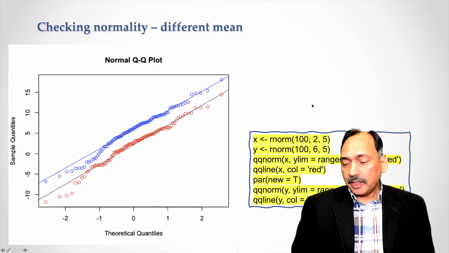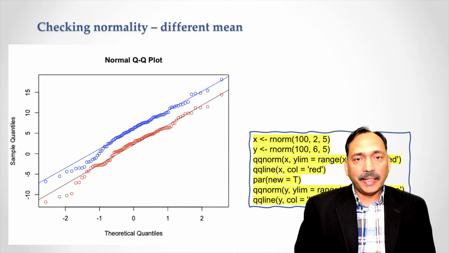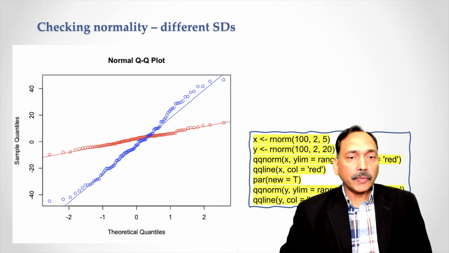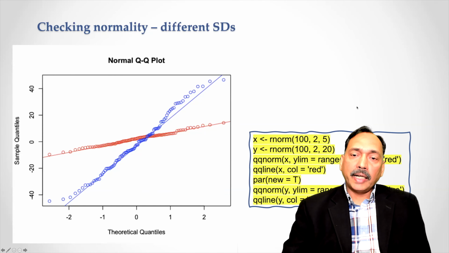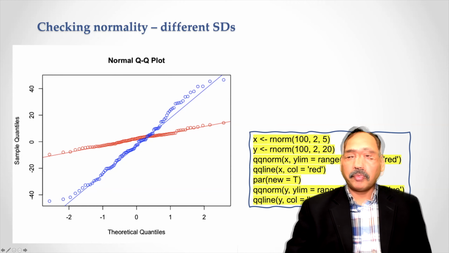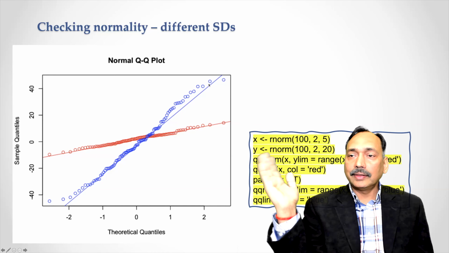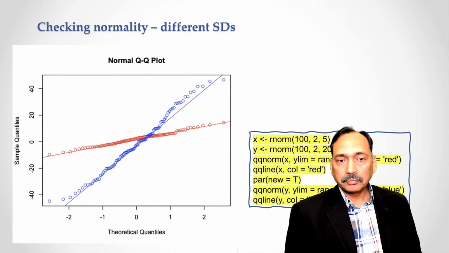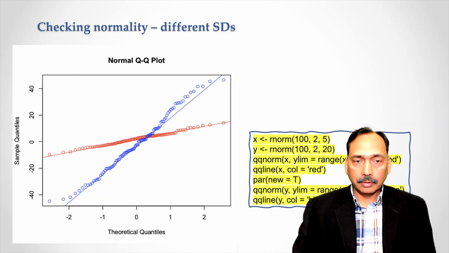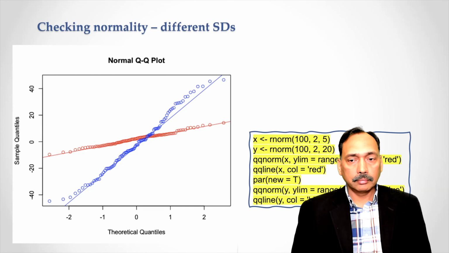But if you change the standard deviation and keep mean same, you get this kind of pattern. So I have kept mean as 2 for both. First one standard deviation is 5, second one standard deviation is 20. So when you have higher standard deviation, slope of the line becomes steeper, right? The other way, right?